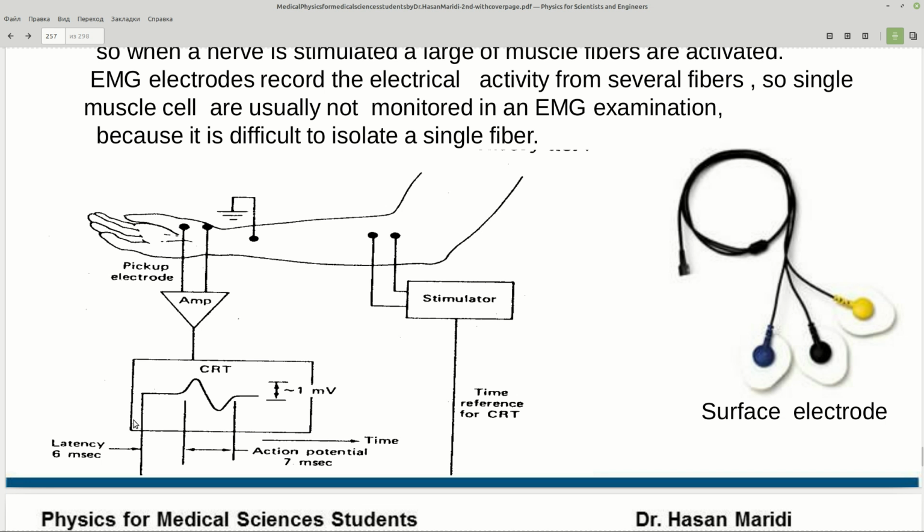The electrical potential that we measure in one of the leads is merely the instantaneous projection of the electric dipole vector on a particular direction. So in each direction we have the projection of the electric dipole vector. As the vector changes with time, so does the projected potential.